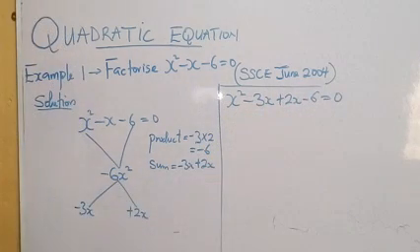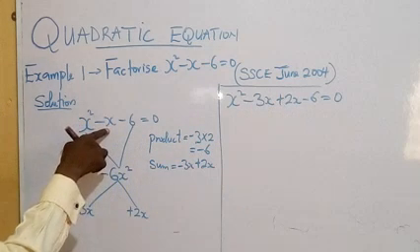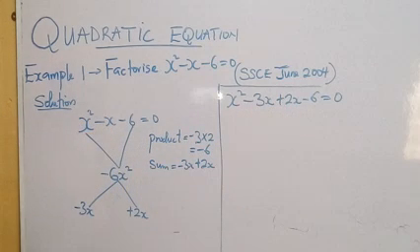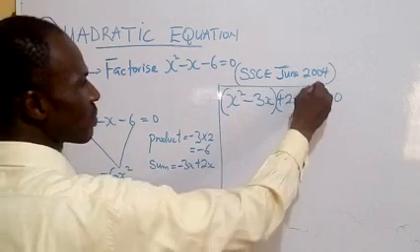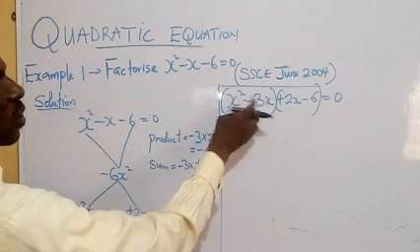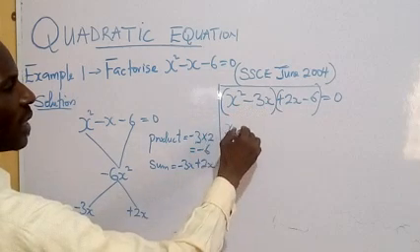What does that mean? Minus 3x plus 2x gives the same thing as minus x. Now the next step is to factorize. You can put them in brackets like this. What is common between the first two terms? x. Bring one x out.